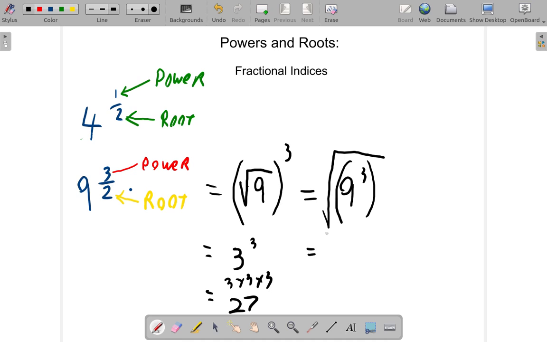Let's look at this one. 9 to the power of 3. Now we're over here. We have 9 to the power of 3, which is the same as 9 by 9 by 9, and then we're going to find the square root of that. 9 by 9 is 81. 81 by 9 is going to be, where's my calculator, just to make it quick.